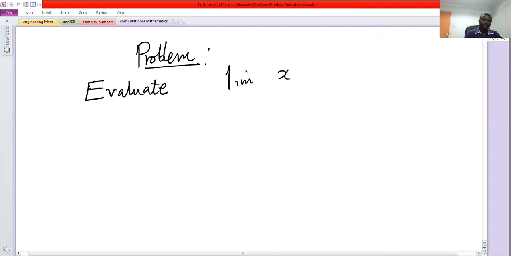The function is x squared minus y squared over x squared plus y squared, as (x, y) approaches (0, 0).